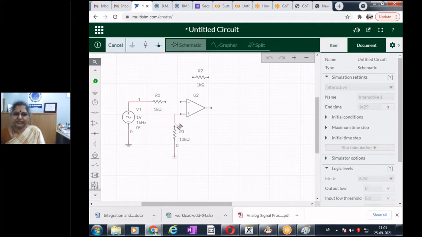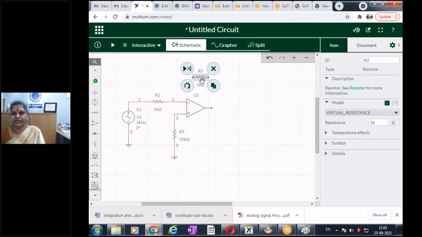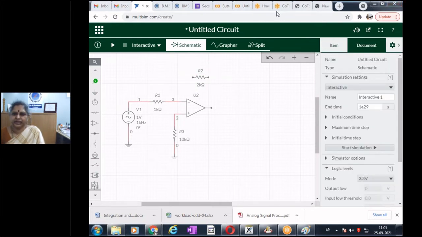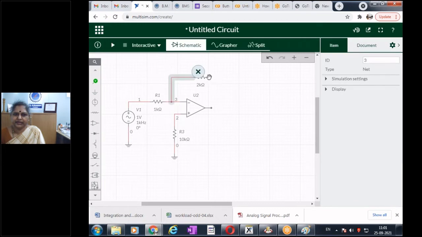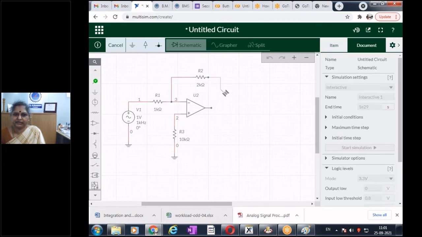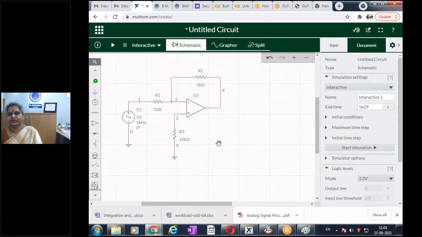I take this input, connect it here. And this one we wanted to make 2K. So let's make this resistor 2K. And then I connect this here, and then I connect here. So this completes my wiring.